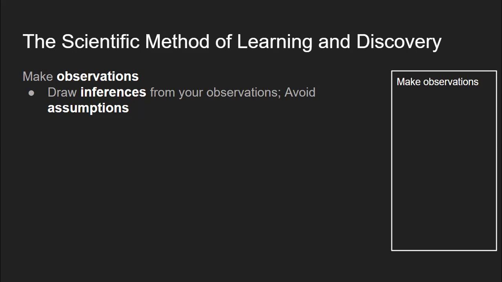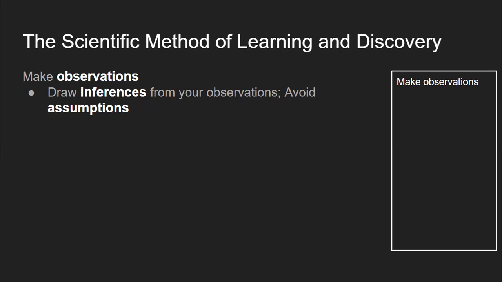So in order to learn about your physical surroundings and your physical environment, you have to make observations. Now, this is not just visual observations, it's using all your senses. So things you hear, things you see, things you smell, all of this sensory input gets included in these observations that you make.